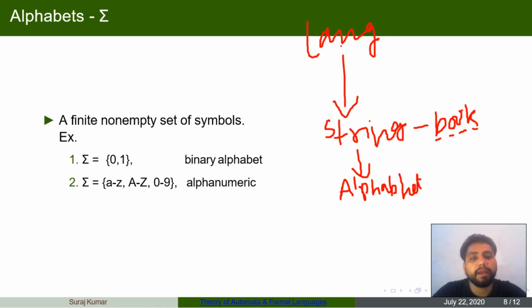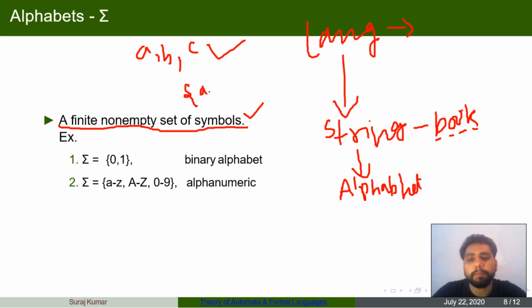If you talk about the English language, it is a collection of all the possible words over the alphabet. An alphabet is nothing but a finite non-empty set of symbols. Usually if you write A comma B comma C, these are the symbols. If you put them into a set like A B C, as you understood in high school, a set is represented by curly braces.